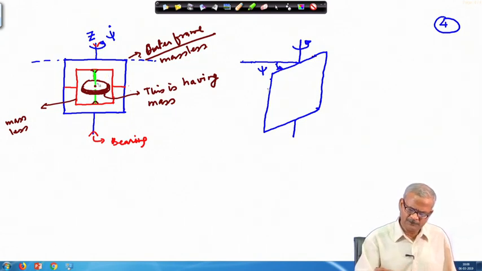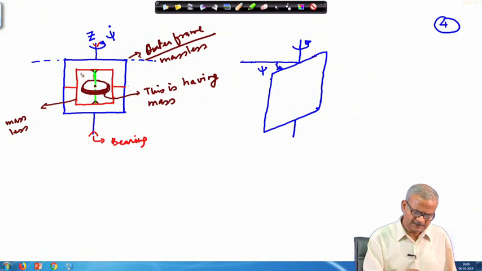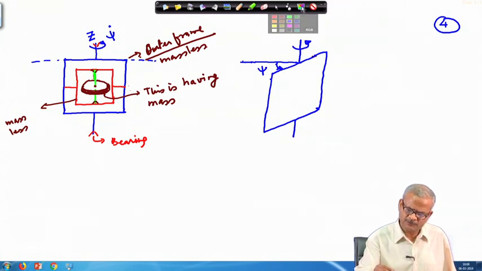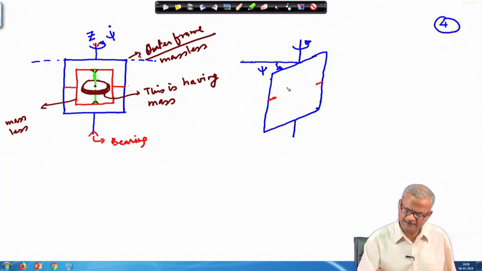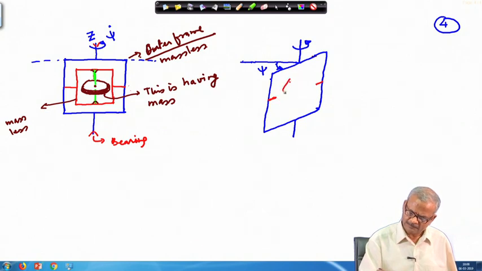Then thereafter, this red frame, which is shown in red, has also rotated. This is the bearing about which it rotates, and as a result it comes out.